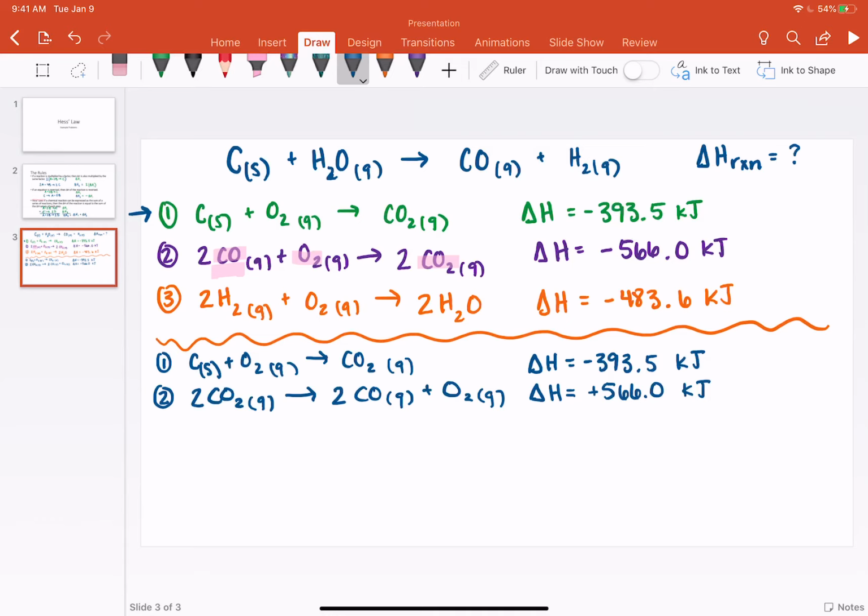So something else that we're going to have to do, now you can see that we could cancel one of these COs with one of these COs, but we're still left with an extra CO2, and we have an extra CO there that we don't necessarily want.